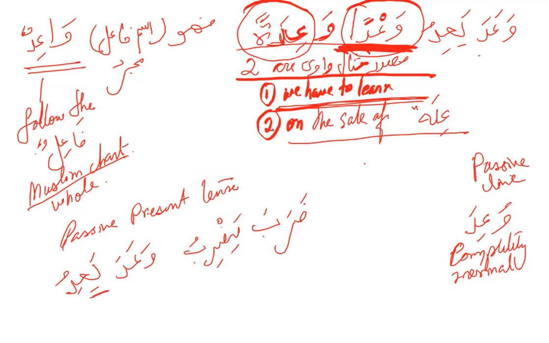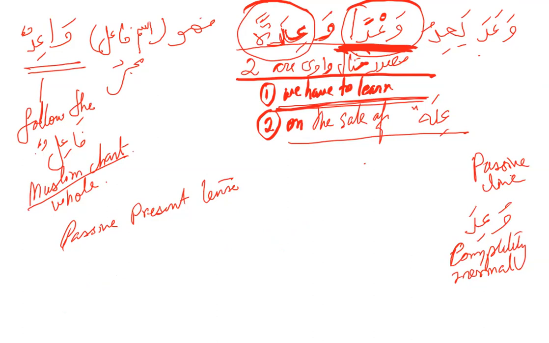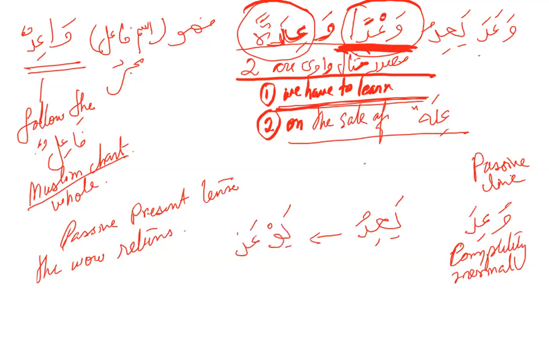But when we make passive present tense, the waw returns, because of the u sound. So from ya'idu, it becomes yu'adu.